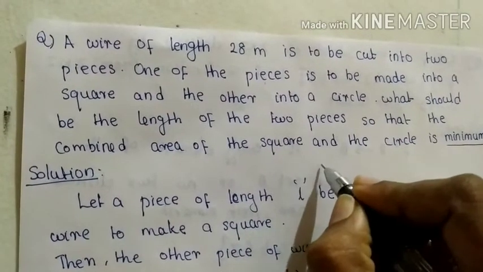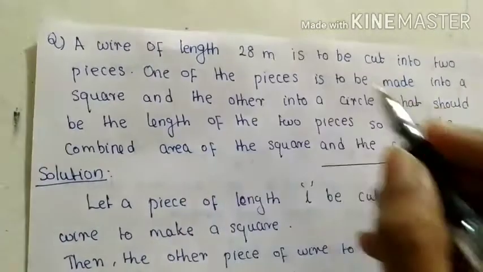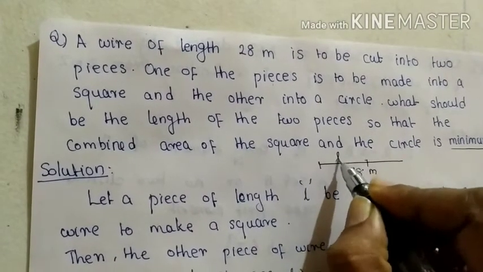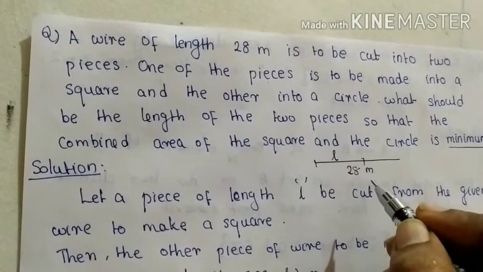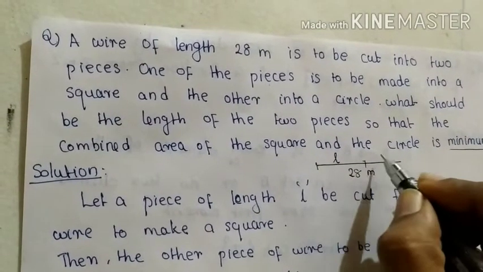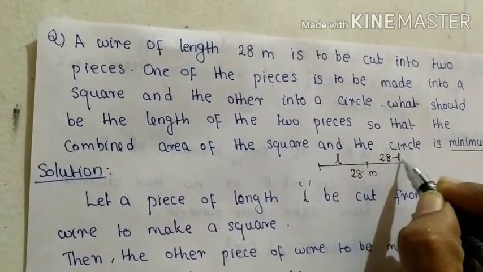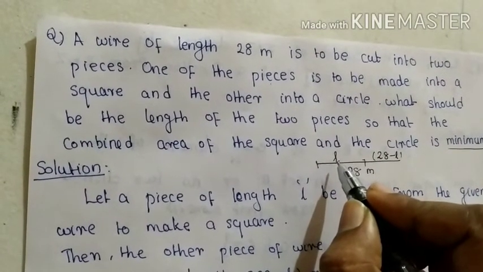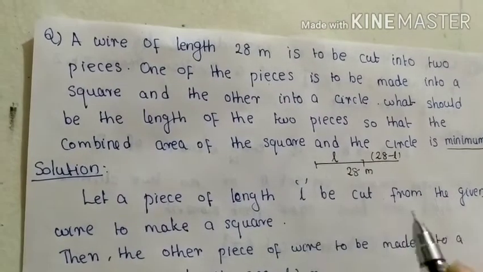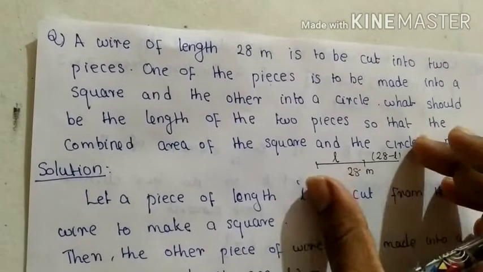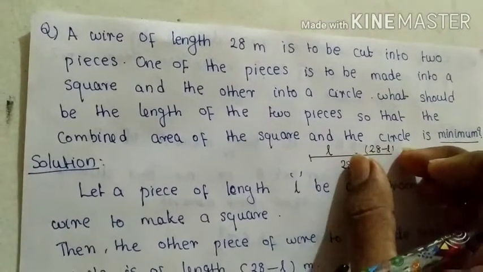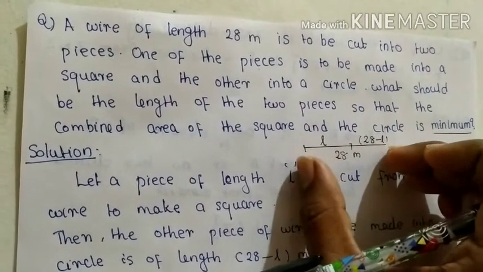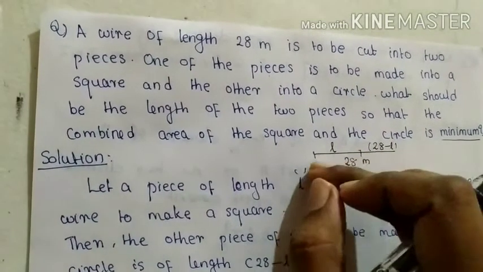The total length of the wire is 28 meter, and let L be the first piece of wire, and the remaining length of wire is 28 minus L. The other piece of wire is to be made into a circle, that is 28 minus L. The total length of the wire is 28 and it is cut into two pieces.